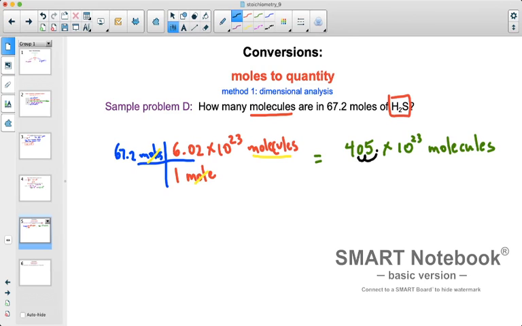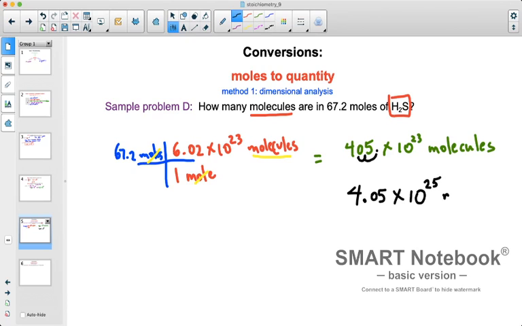So my new base number becomes 4.05. Now, since I make my base smaller, my exponent must now get bigger. And it's going to get bigger by 2 numbers. So this doesn't end up as 10 to the 23, but it should be 10 to the 25.